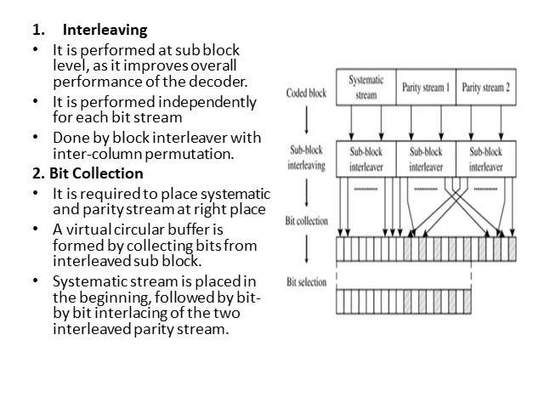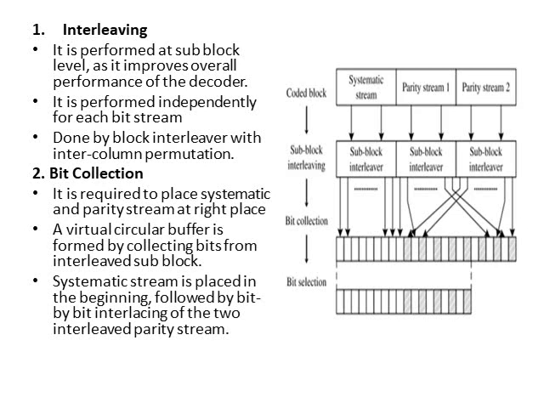The systematic stream is placed in the beginning, and later it is followed by the alternating bits of parity stream 1 and parity stream 2. In this example, we have parity stream 1 and parity stream 2, and we alternately put a parity stream 1 bit and a parity stream 2 bit.